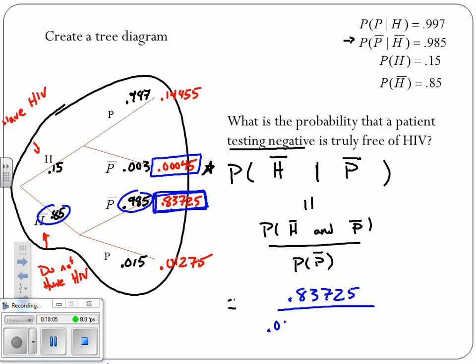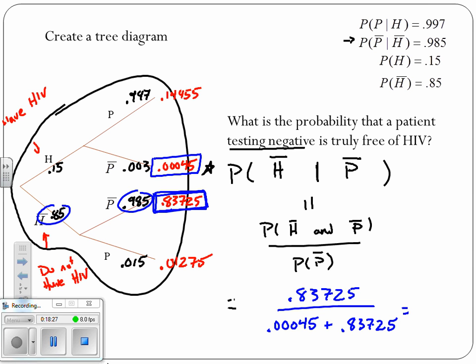So 0.00045 plus 0.83725. Take a quick second, think about that. If they've tested negative, there's probably a really good probability that they don't have HIV, that we get a true positive, or true negative, I guess, in this particular case.